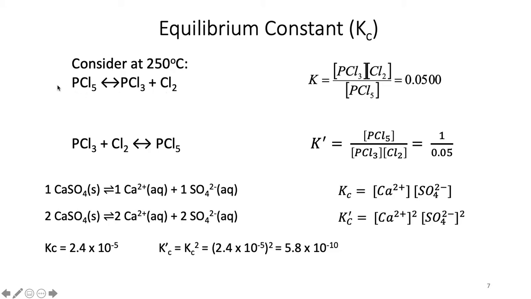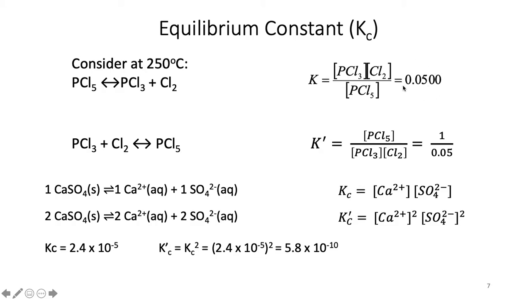Note that this is all 1-to-1 ratios because it's a balanced chemical reaction. 5 chlorines, 5 chlorines, 1 phosphorus, 1 phosphorus. All my molar coefficients are 1, so my powers here are all going to be 1. K equals the concentration of PCl3 multiplied by the concentration of chlorine divided by the concentration of PCl5, and it will have a value of 0.05.